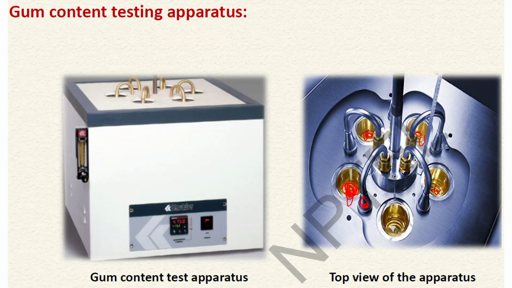After some time, in the presence of this hot oxygen, oxidation takes place inside the gasoline, where olefins and diolefins oxidize and form gum. That gum sticks on the vessel or settles down in the vessel of the gasoline.